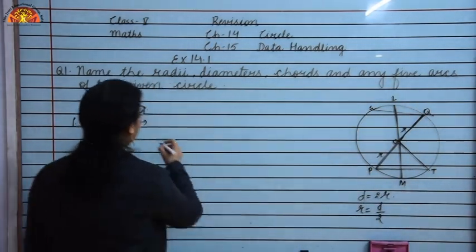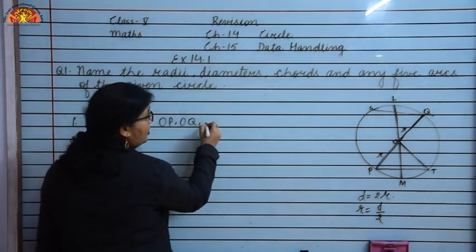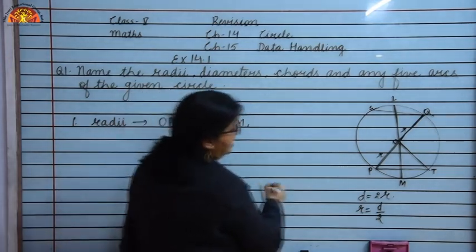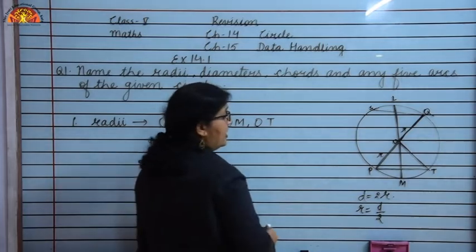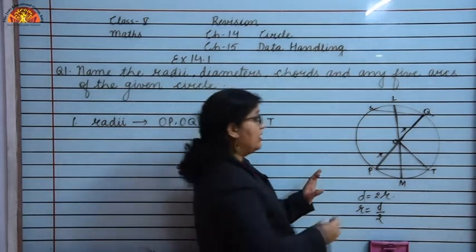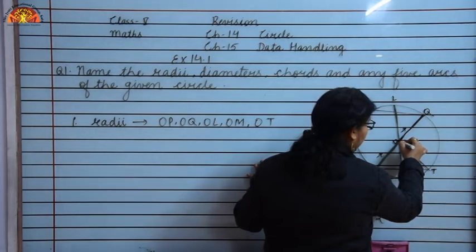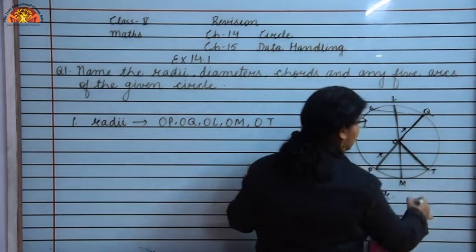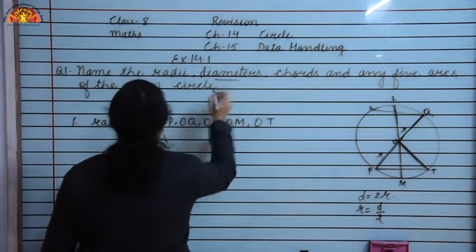So we write here OP, OQ, OL, OM and OT are the radii of the circle because these are the distances between the center and the points on the circle. The distance between the center and a point on the circle is called the radius of the circle. Now next is diameters.